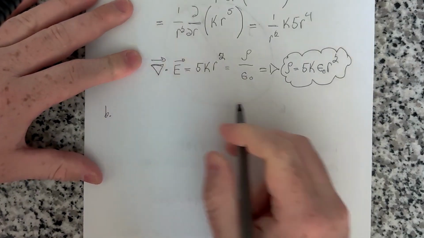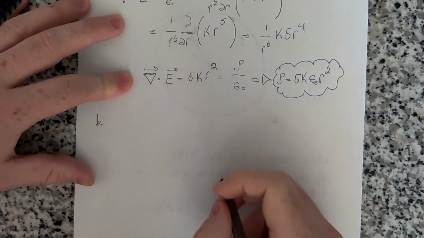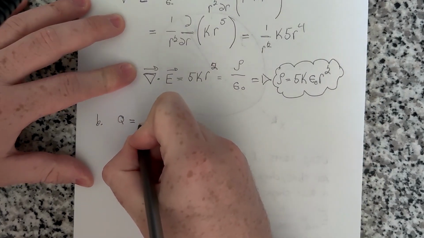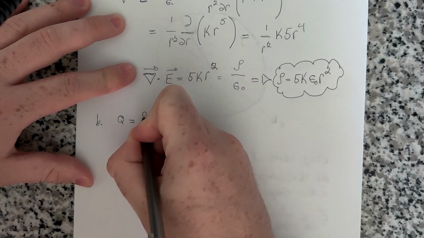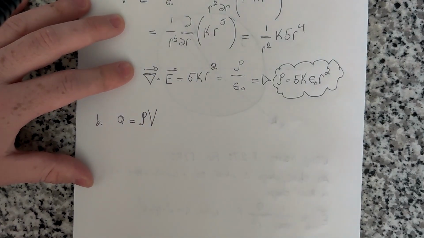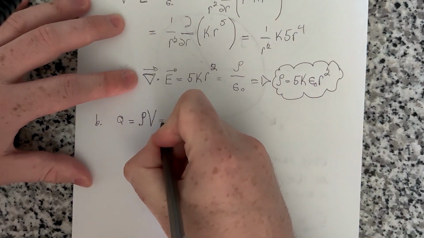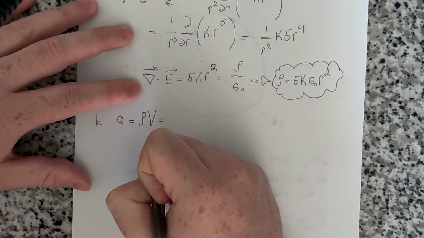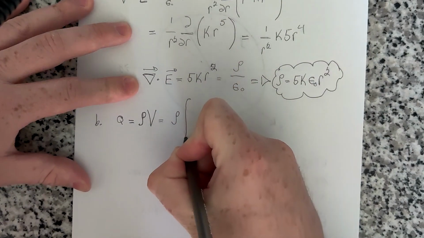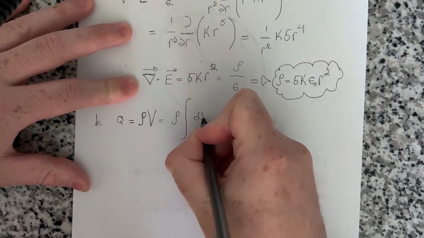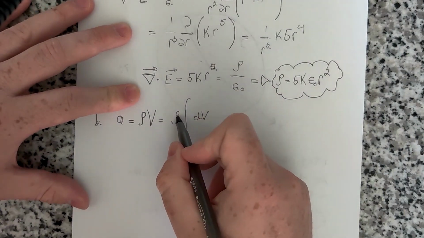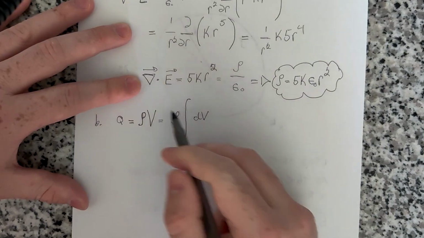Given that we have our charge density rho here, the total charge Q is the charge density rho times the total volume. Really, you can write this as rho times the integral of dV, but I should really put rho inside the integral because rho is not a constant with respect to this integral.